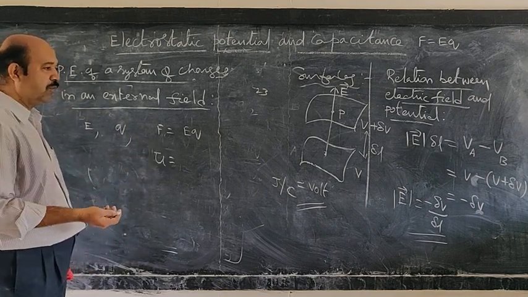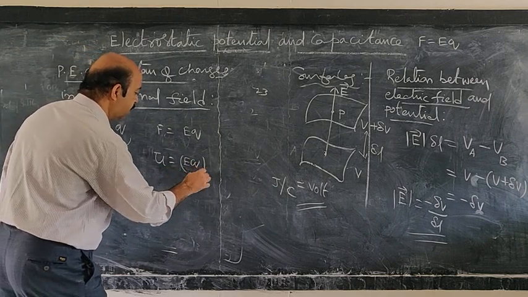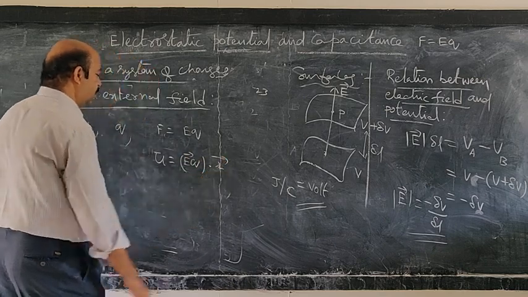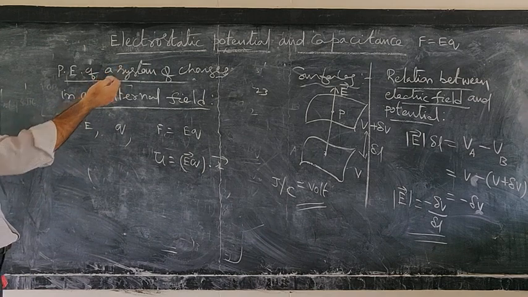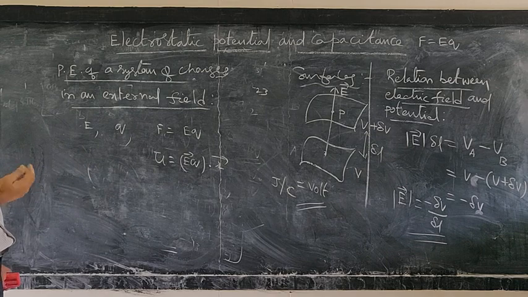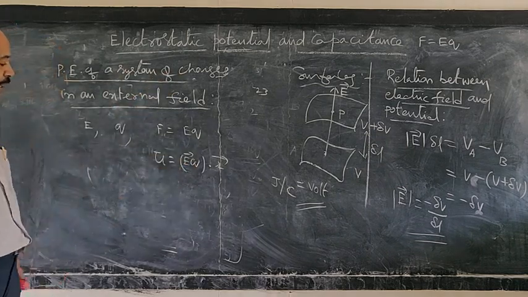So therefore that potential energy, as usual, is force multiplied with the distance. How much distance do you have to move? So you can put it something like this, dot R1, where R1 is the position vector of that charge from an arbitrary origin. So you have to imagine an origin from which the point you are considering has position vector R1.